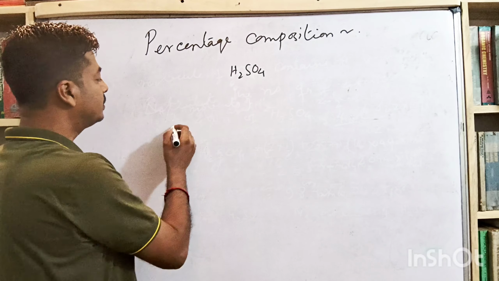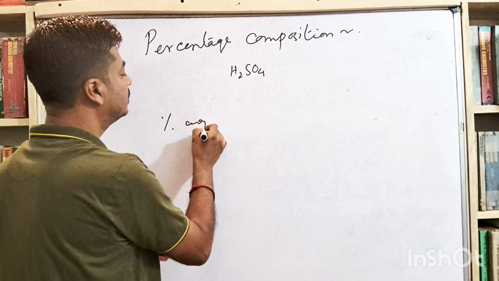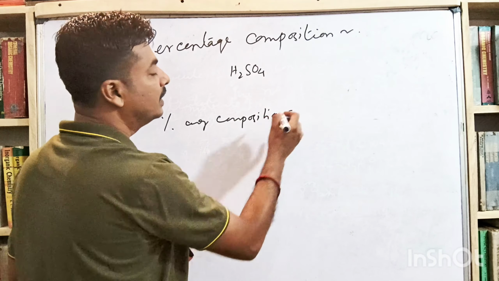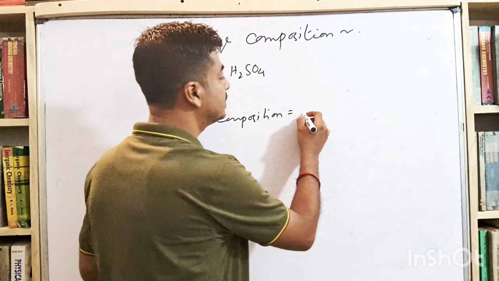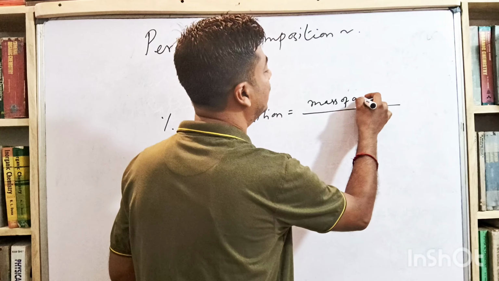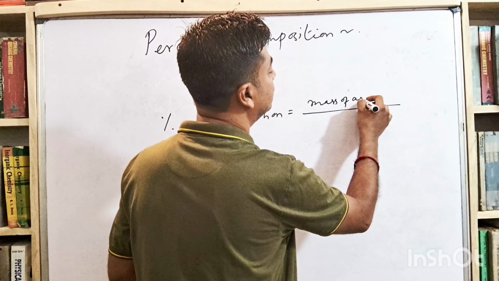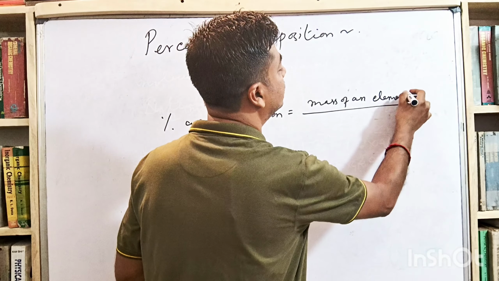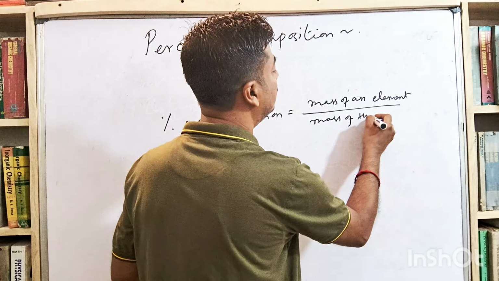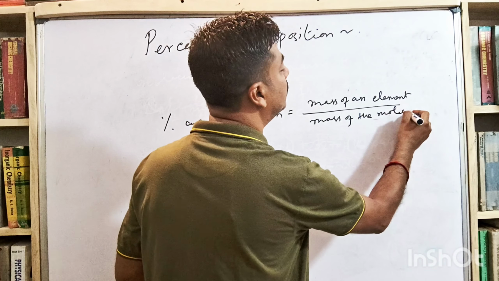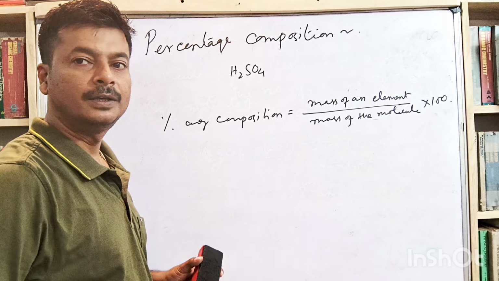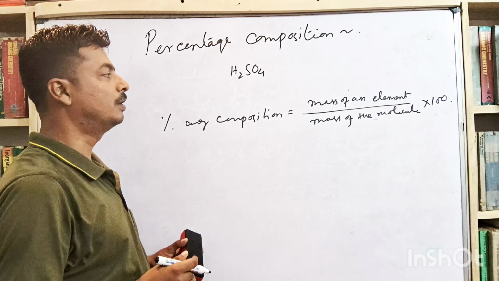Percentage composition is equal to the mass of an element divided by the mass of the molecule into 100. This is the formula of percentage composition.